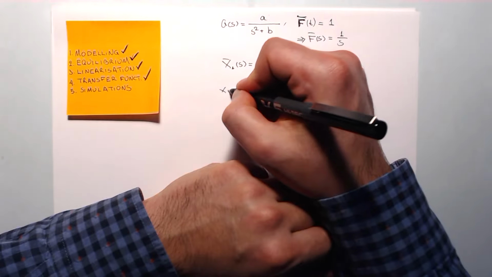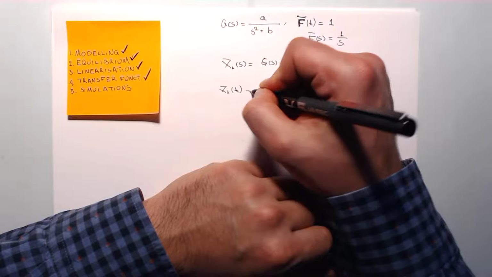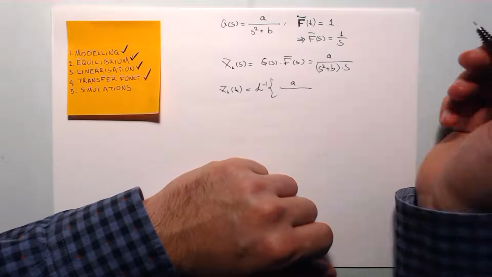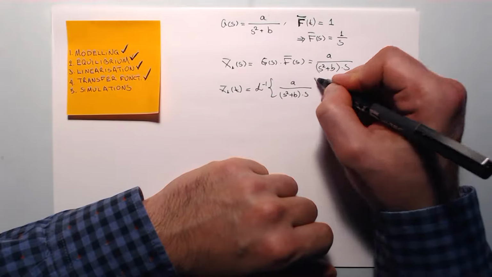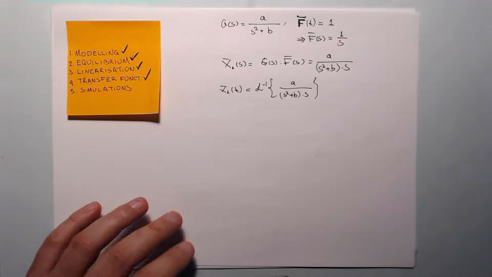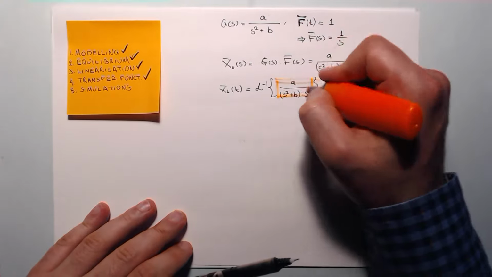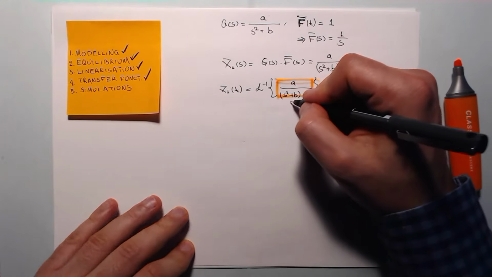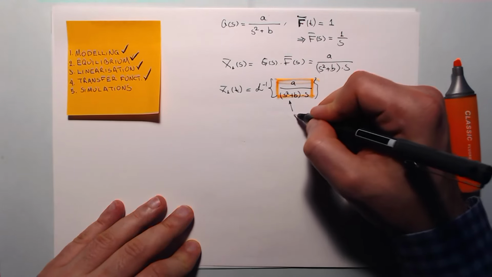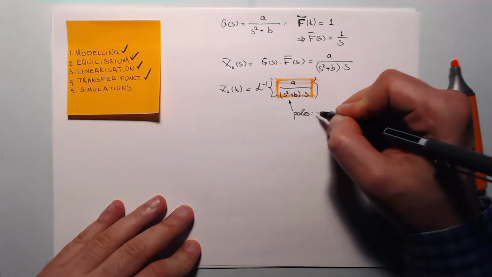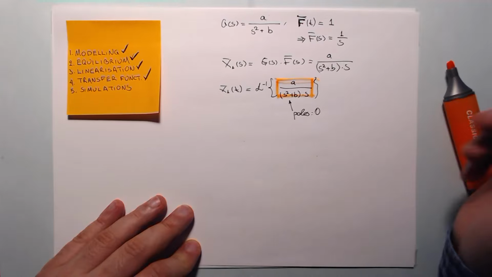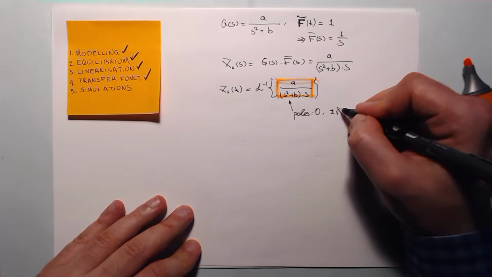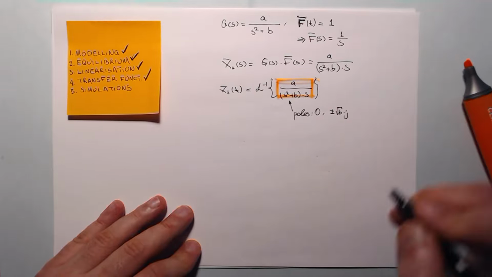And if you want x1 bar in the time domain, you must take the inverse Laplace transform of x1 bar in the s domain. But if you need to find that particular inverse Laplace transform, you need to look at the denominator, and you must observe that the poles we have here are 0, if s is equal to 0, and plus minus square root of b times j.